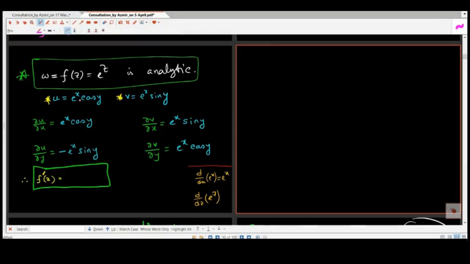From our last session, we have du dx equals this one, du dy equals this, dv dx, dv dy.